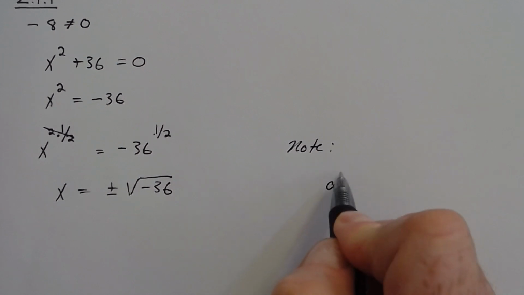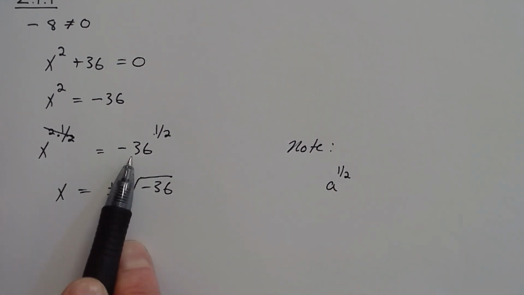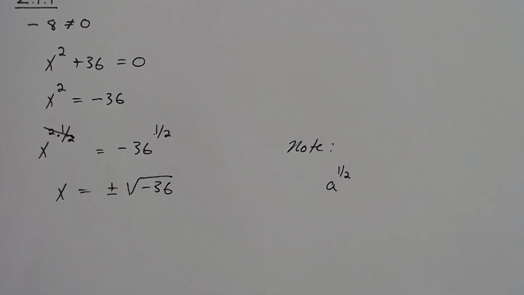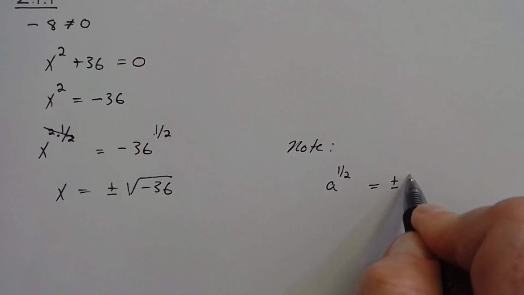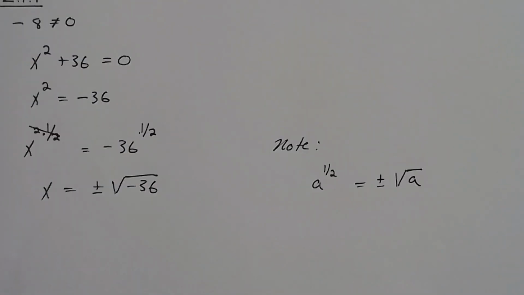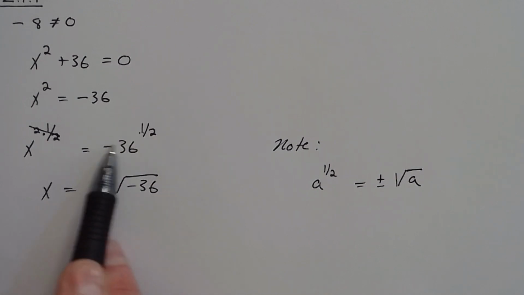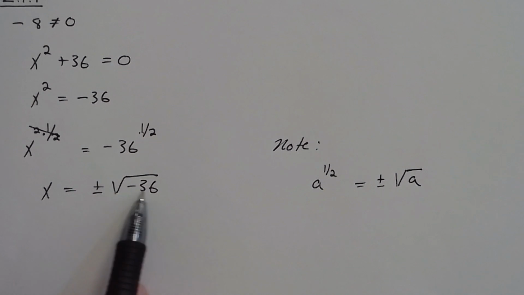Any number a to the 1/2, in this case a is negative 36, is always equivalent to plus or minus the square root of a. So that's how I'm going from negative 36 to the 1/2, and then getting plus or minus the square root of negative 36. It's just an equivalence of exponents.